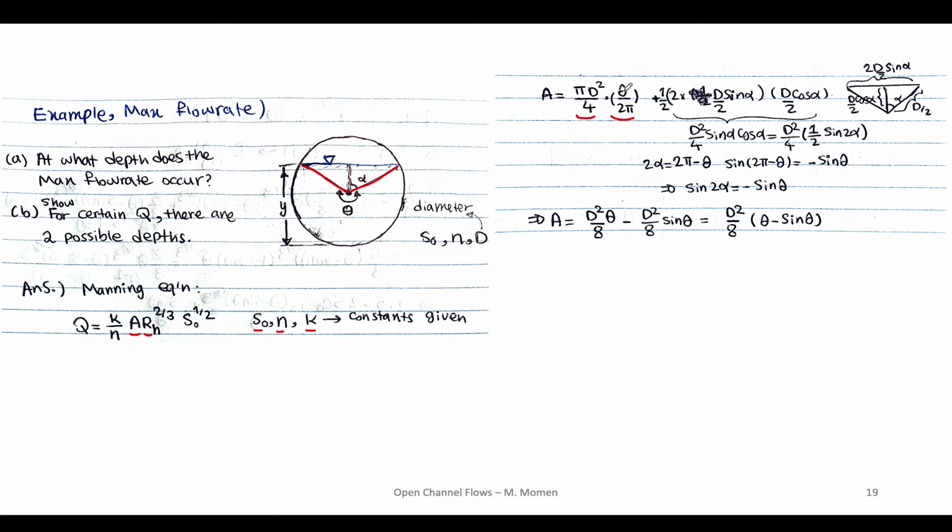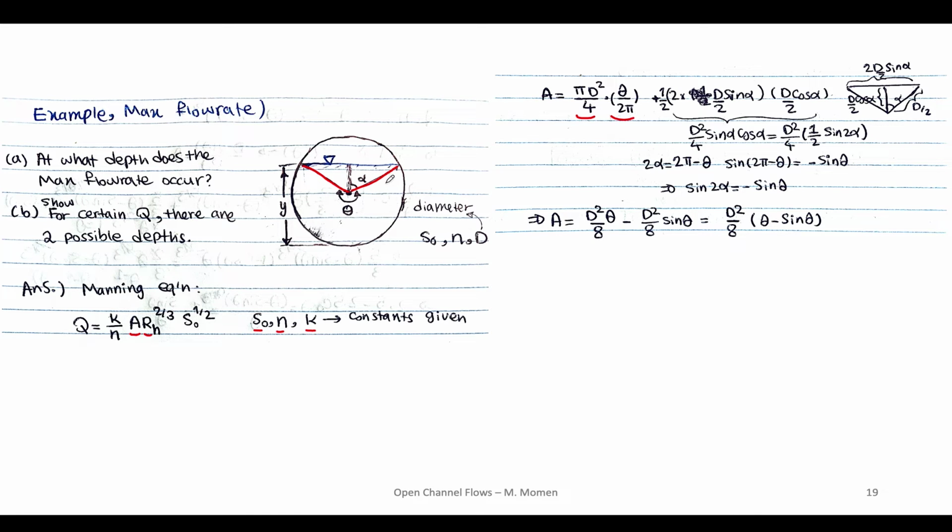If theta is 0, like this small channel here, which is kind of impossible, then it's going to give me 0. If theta is pi, that means I have a semicircle or half circle, then this is going to be 1/2 of pi d squared over 4, which also makes sense. All right, so this is how you can calculate the area of this slice.